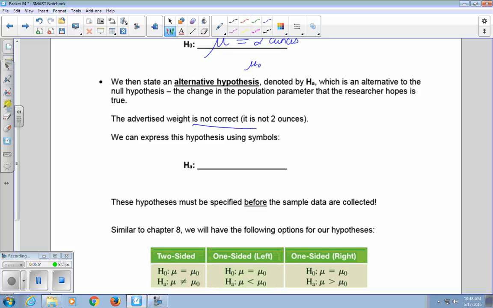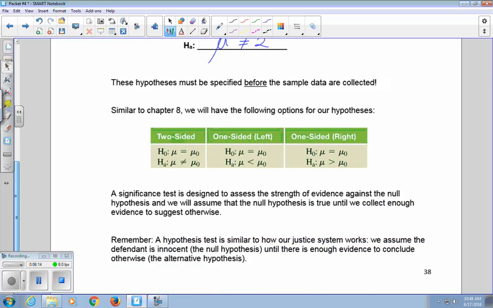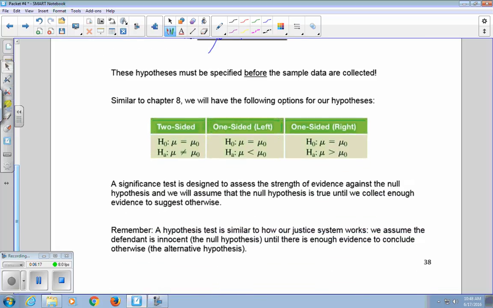So in this case, we're going to say that mu is not equal to 2. We're either equal to 2 or not equal to 2. These hypotheses must be specified before the sample data are collected. So you have your plan before you've even collected any data. Similar to chapter 8, we have the following options for our hypotheses.